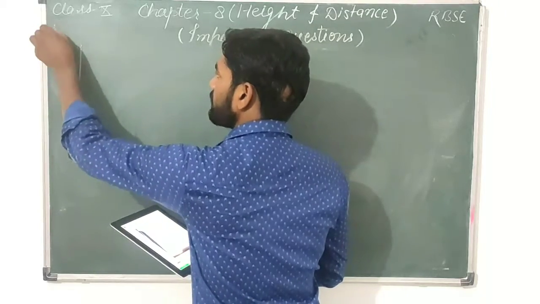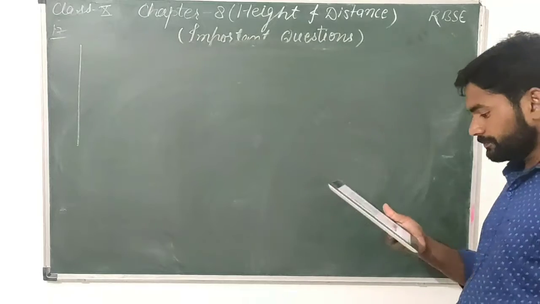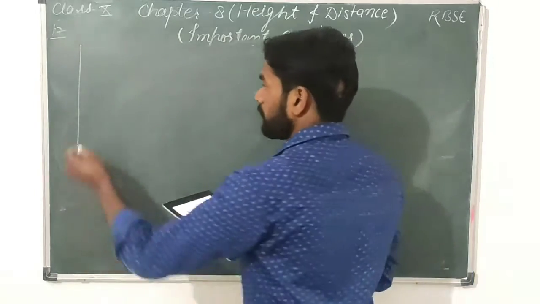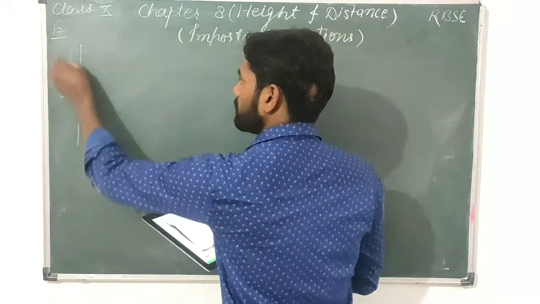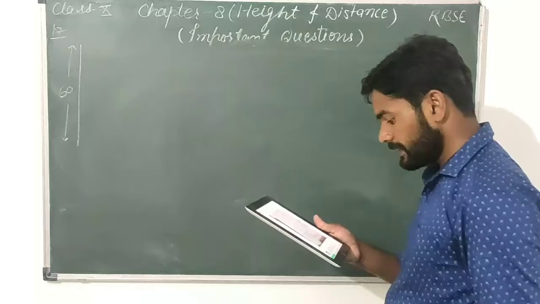A lighthouse is given. This is 60 meter from the sea level. So the height of the lighthouse is found to be 60 meter.